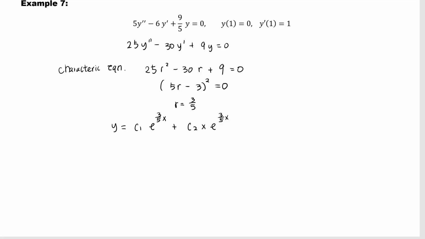That is our solution. And then we can plug in the initial condition to figure out C1 and C2. Let's do that. y(1) is 0. So when we plug in 1, we get C1 e to the 3 over 5 plus C2, x is 1, so e to the 3 over 5.